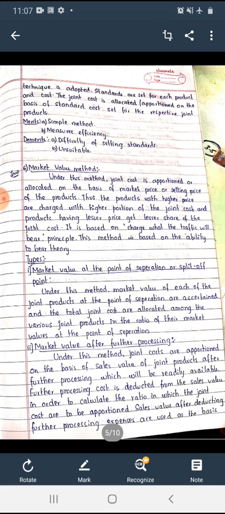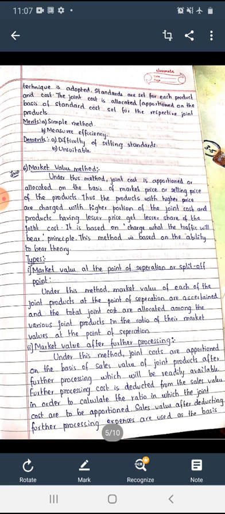Thus, the products with the higher price are charged with a higher portion of the joint cost, and products having a lesser price get a lesser share. It is based on the principle of charge what the traffic will bear.